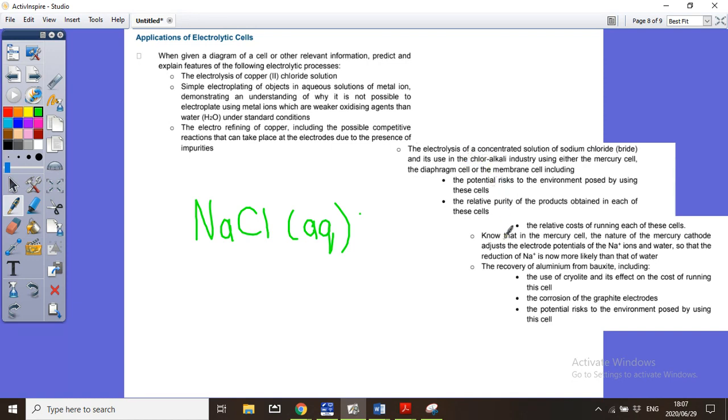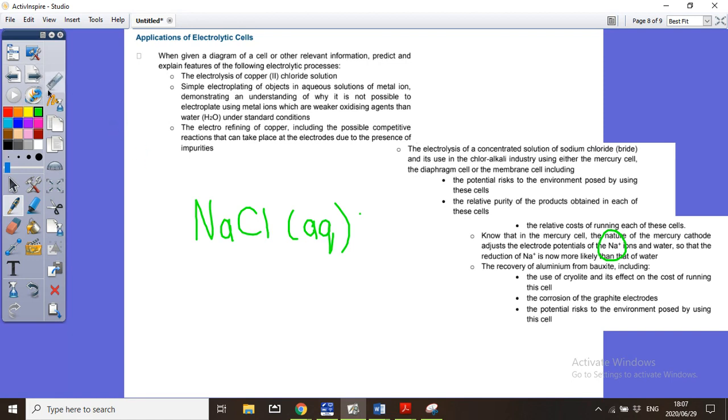We don't really use the mercury cell anymore, but in the mercury cell, the sodium ions actually go and dissolve in the mercury. And therefore the sodium ions will actually be the reaction at my cathode and not the water. So you also need to note that in the mercury cell, there's a different reaction taking place.